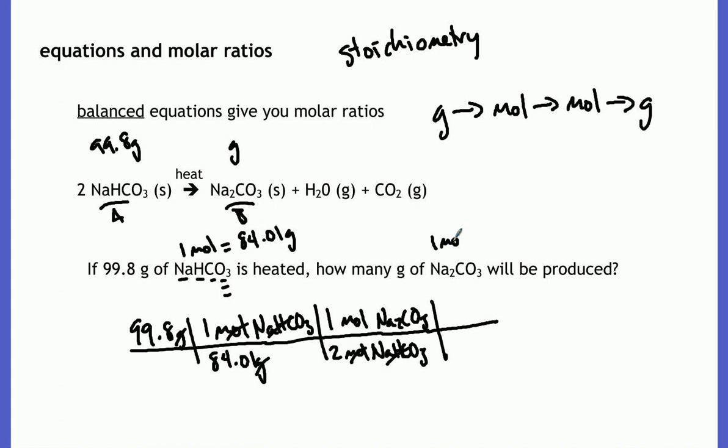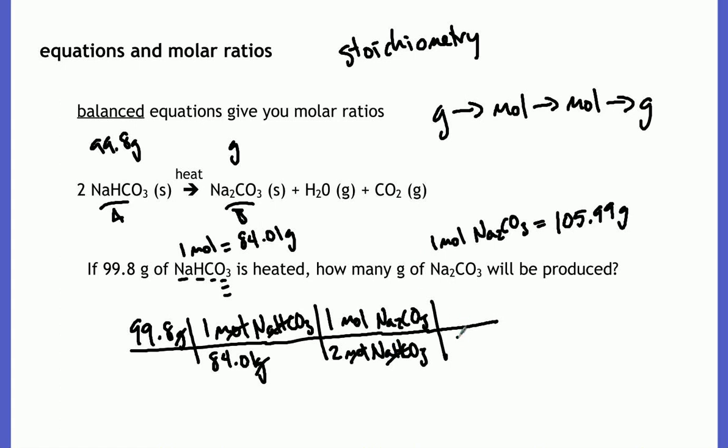1 mole of sodium carbonate has a mass of 105.99 grams. So I just added up the pieces on my periodic table again. But this time I need the moles to cancel and I want grams as an answer.